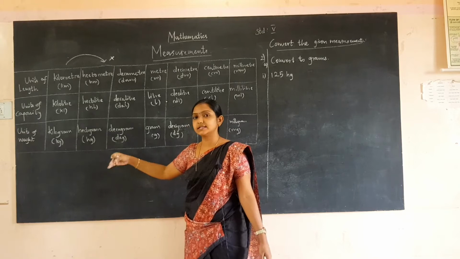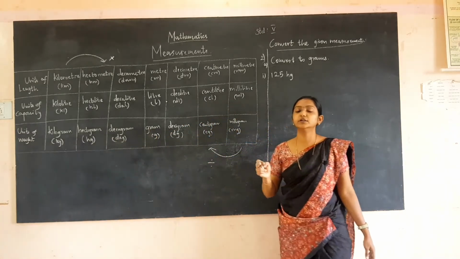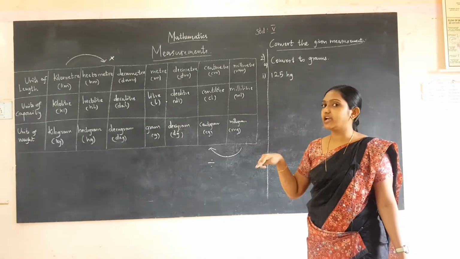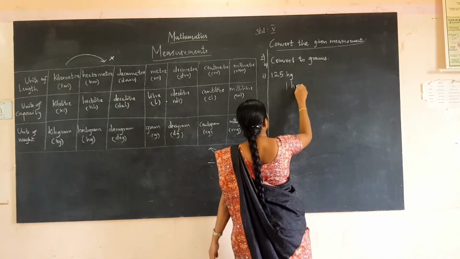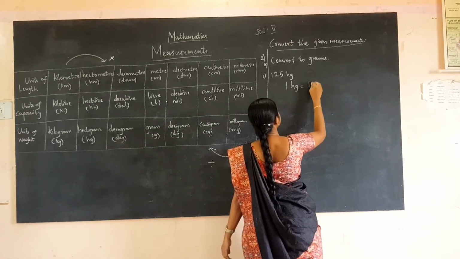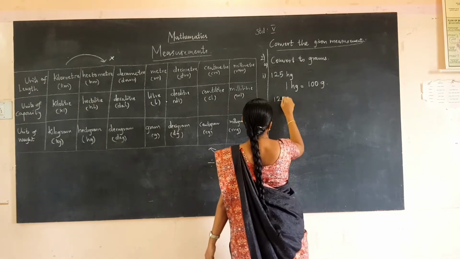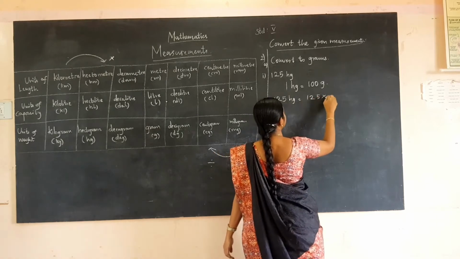Count how many places we have to convert. 1 and 2. We have to convert 2 places. So consider it as 2 zeros and we have to multiply. So 1 hectogram is equal to 100 gram. So 125 hectogram is equal to 125 into 100.